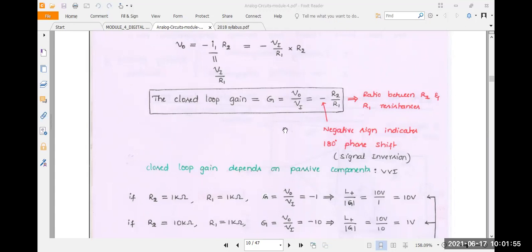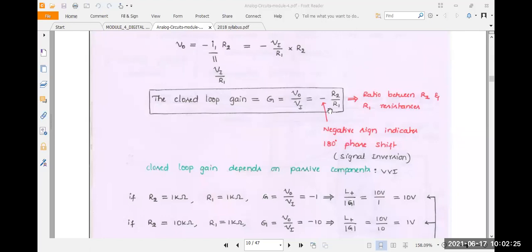A stands for the open loop gain, G stands for the closed loop gain. Here they have taken the closed loop gain using the R2 resistance and R1 resistance. Now write output voltage by input voltage. Take VI to the left side. What do you get? V0 by VI is equal to minus R2 divided by R1.